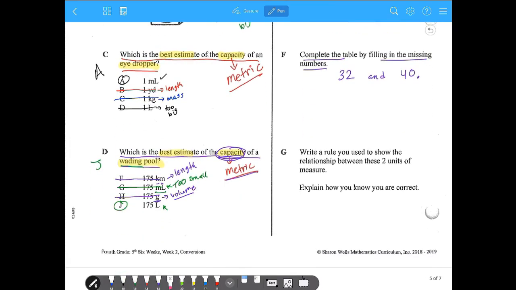Letter G, write a rule to show the relationship between these two units of measure. Okay, so this is where we can use our little function machine. The input, the rule, and the output.